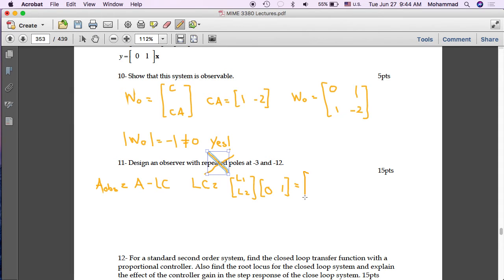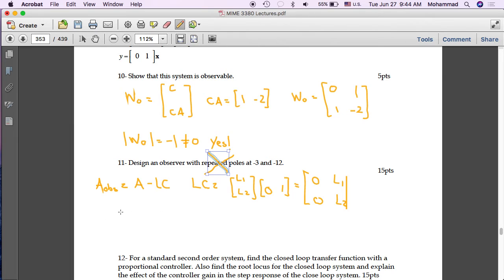So this is 2 by 2. L1 times 0 is 0, L1 times 1 is L1, then 0, L2. This is L times C.